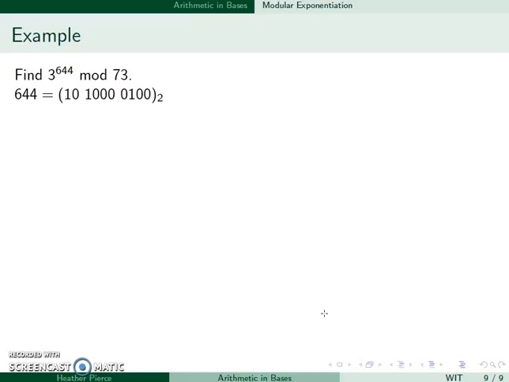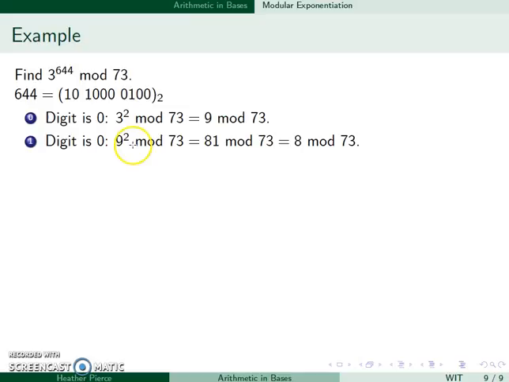So this is 644 base 2, and we're going to start with this rightmost digit of a 0. If I have a digit of 0, I just square my number. 3 squared is 9. My second digit is also a 0, so this time I do 9 squared, which is 81 mod 73, which simplifies to 8. My third digit is a 1.